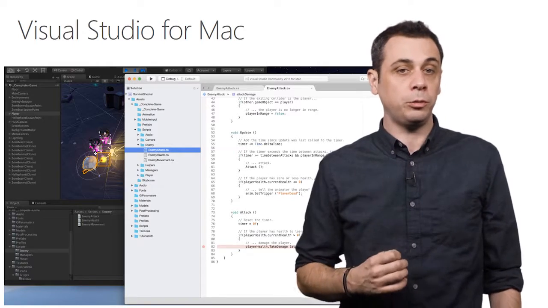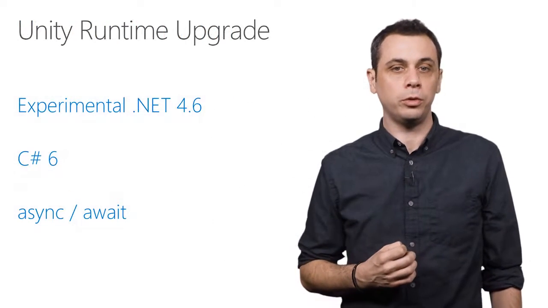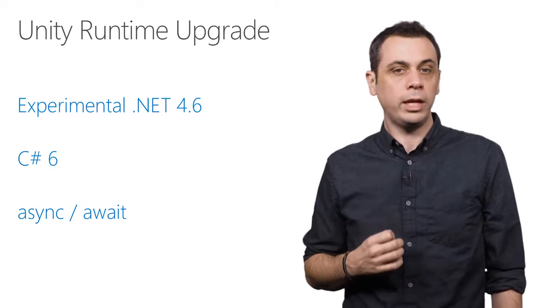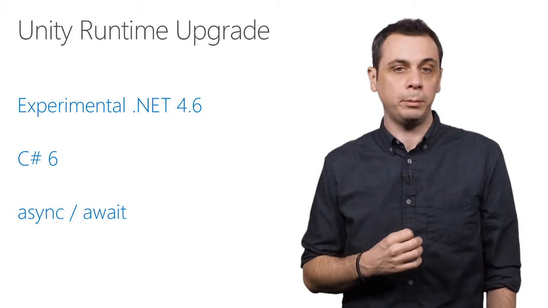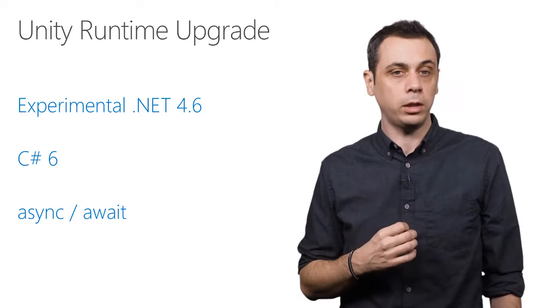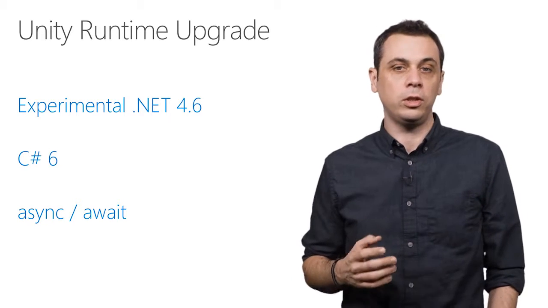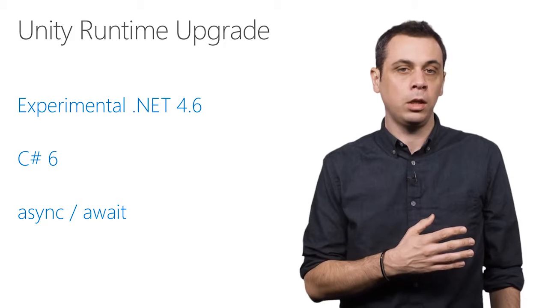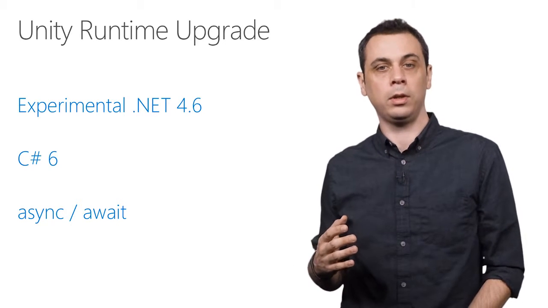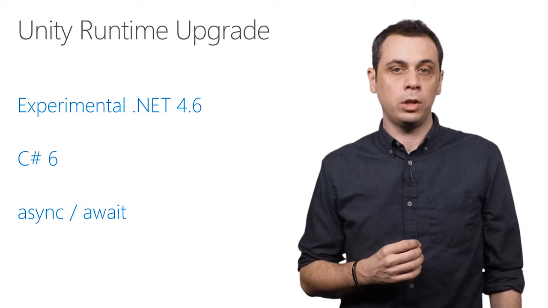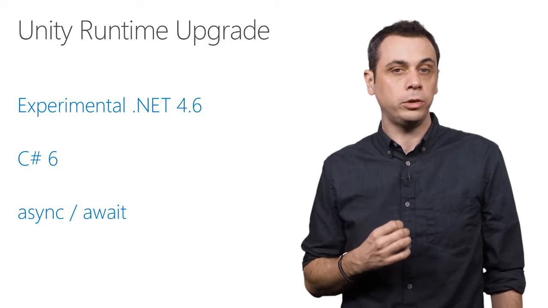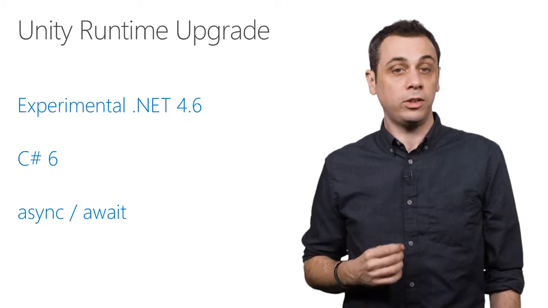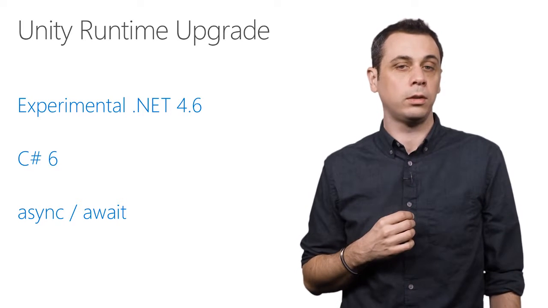Let's talk about what Unity has been doing for C# and .NET developers. The latest versions of Unity ship with an option to enable the experimental .NET 4.6 upgrade. This replaces the .NET 3.5 runtime in Unity with the .NET 4.6 runtime. If you enable this option, you get access to C# 6 and a runtime capable of running modern .NET 4.6 code, and that includes support for async and await.